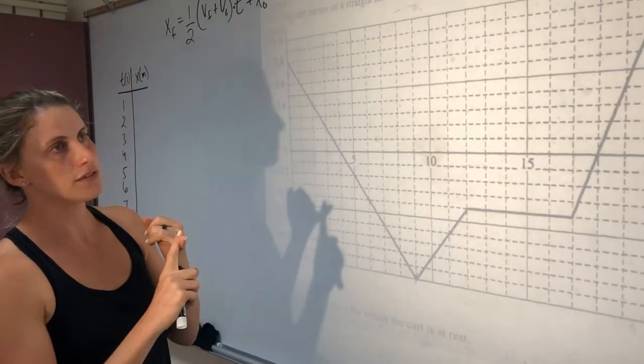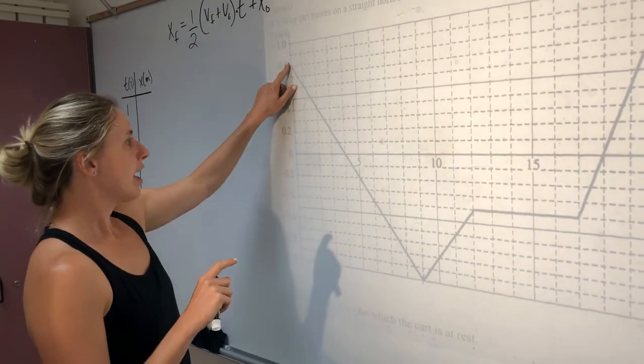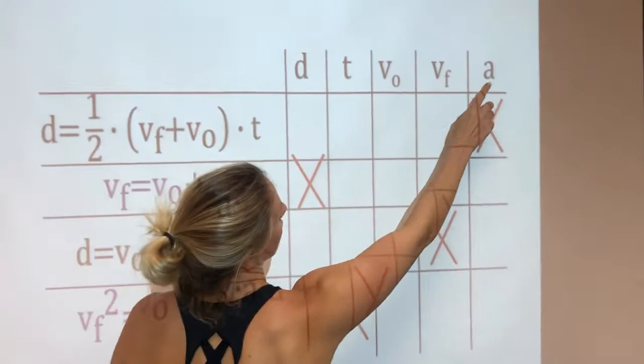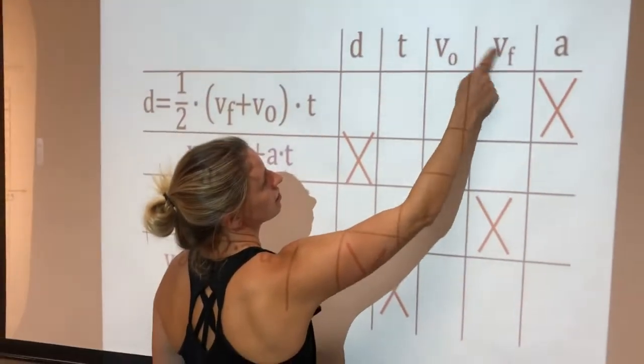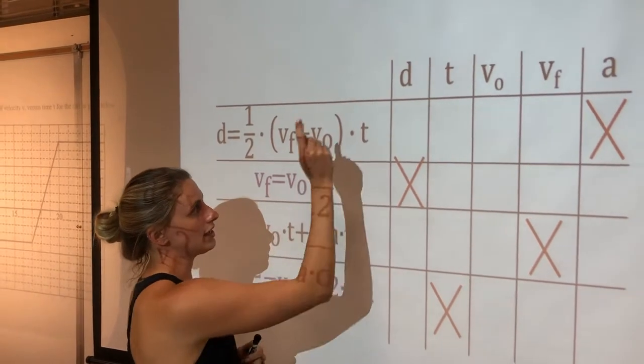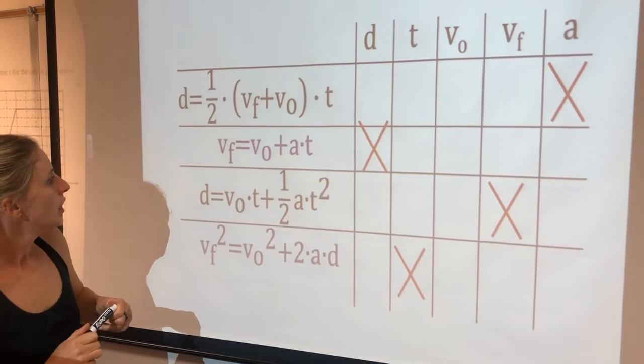So we've got the acceleration. We have the velocity, and we also have the time. But what we don't have is the displacement. And that is what we're looking for.